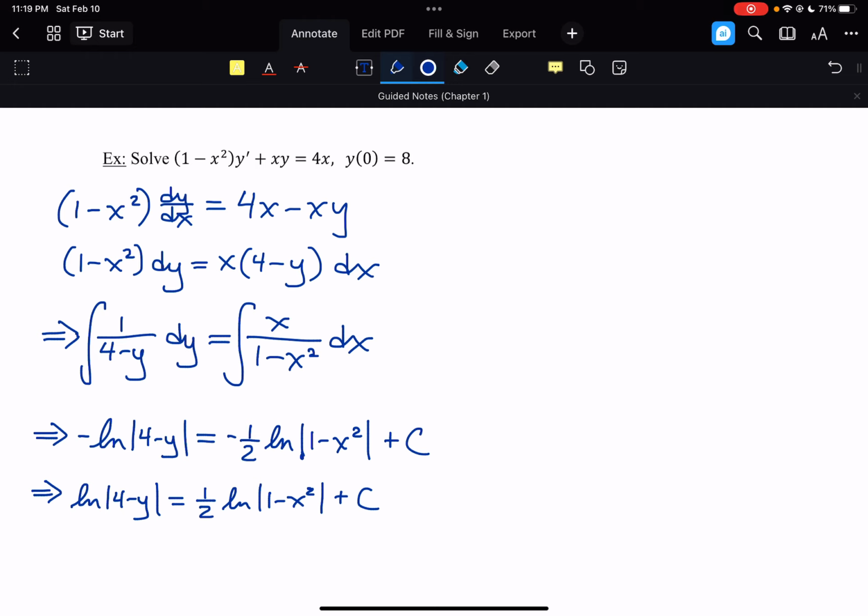So we're going to need to solve for y, but we're also going to need to incorporate this initial condition. So let's go ahead and incorporate that now. Use y of 0 equals 8.